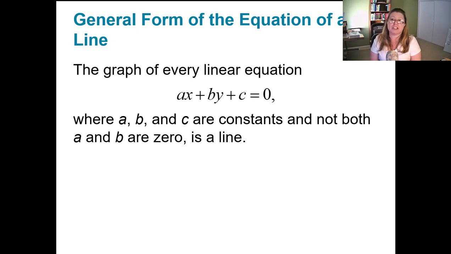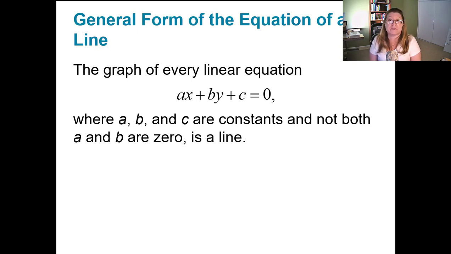Now let's talk about the general form. That's where you have ax plus by plus c equals 0. Yes, equals 0. A, b, and c are constants. A and b are not both 0. Can c be 0? Absolutely.